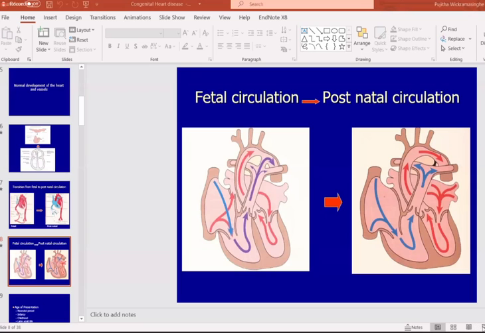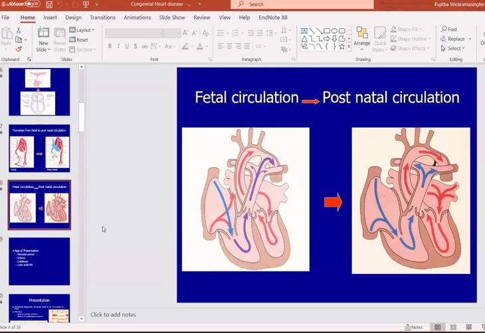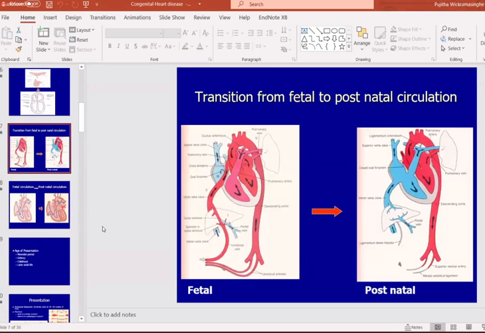We can see the slides, sir. This is not moving. Now, do you see this one? Did you all see this one? Which one did you all see?